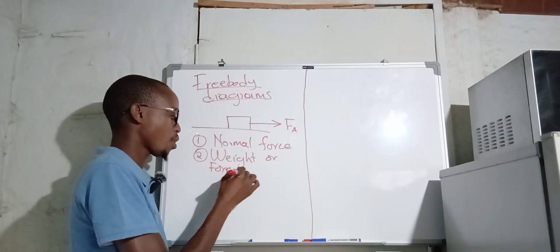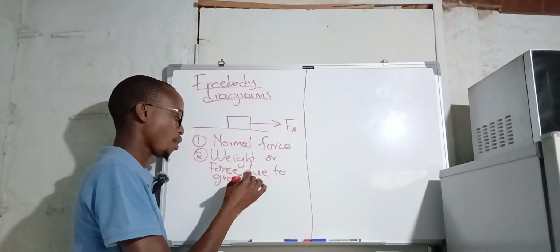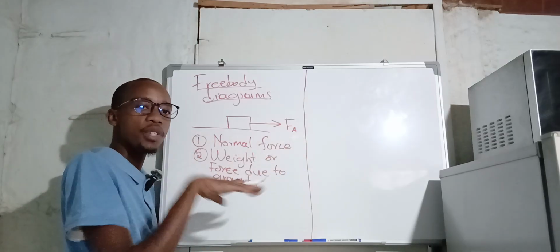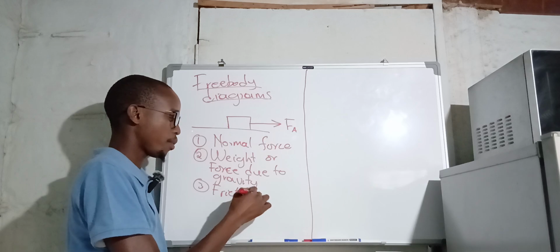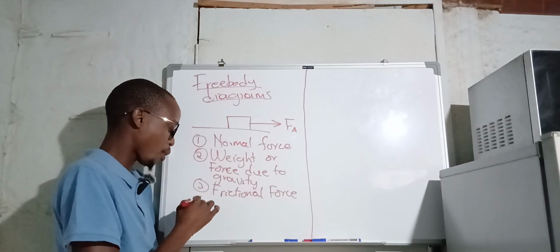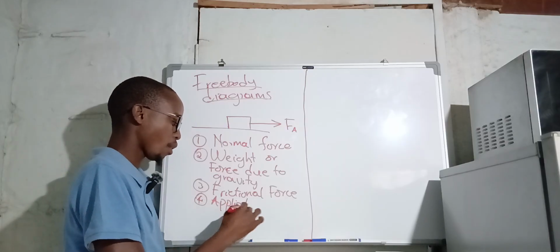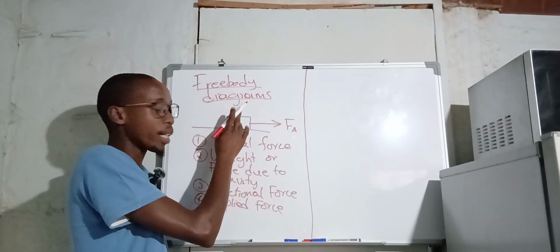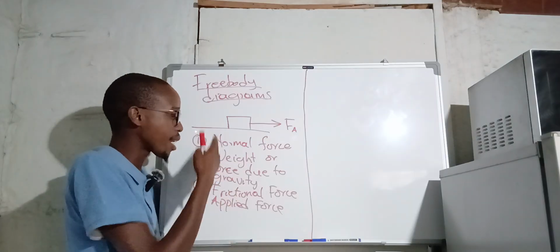And then if this is a rough surface, it has frictional force. And of course, we have the fourth one, which is the applied force, or force applied. So, in other words, this object is going to have four forces on it, which are the ones that I've just mentioned.